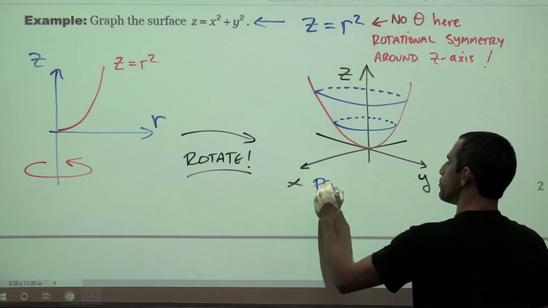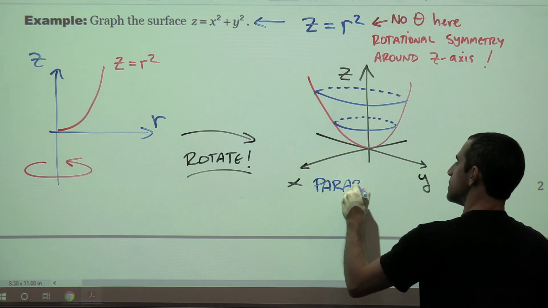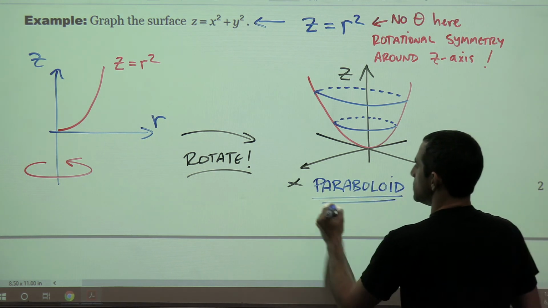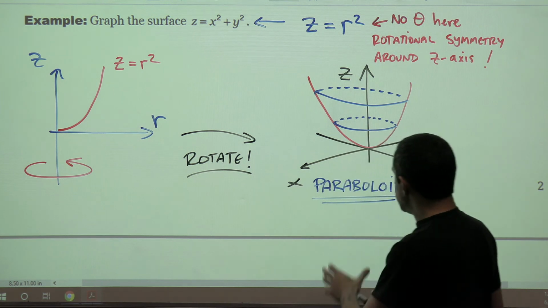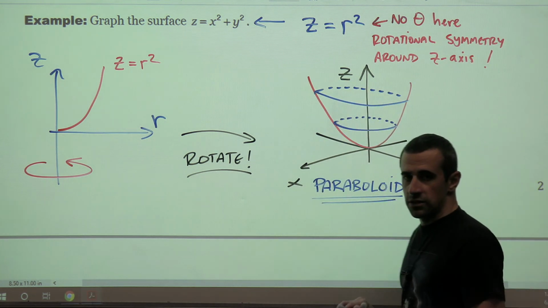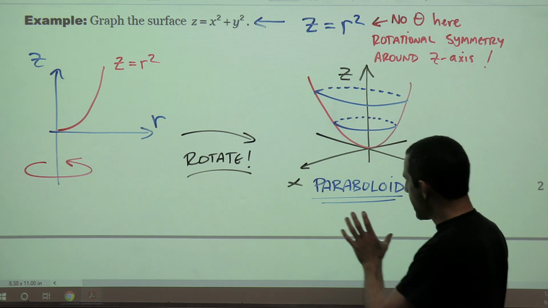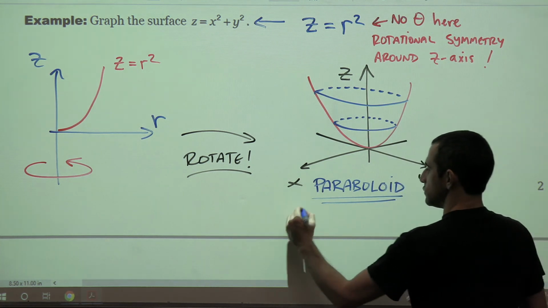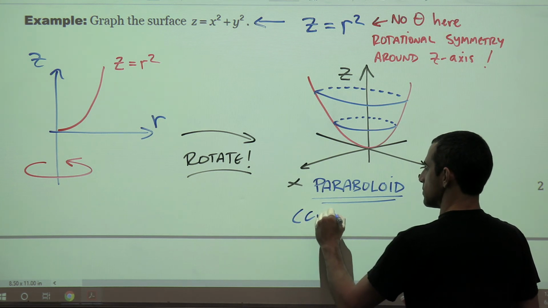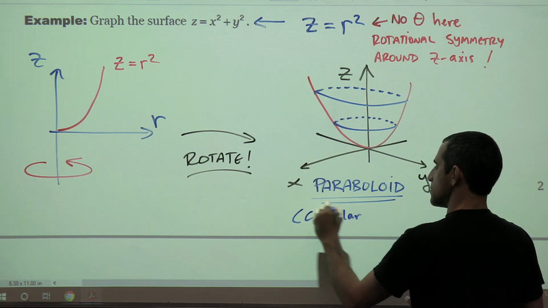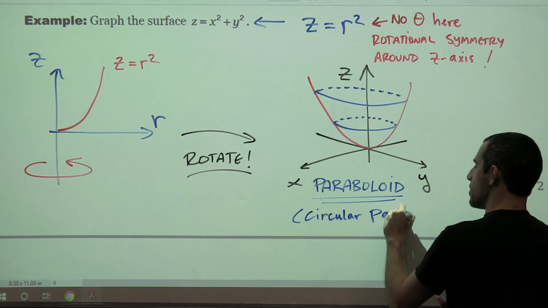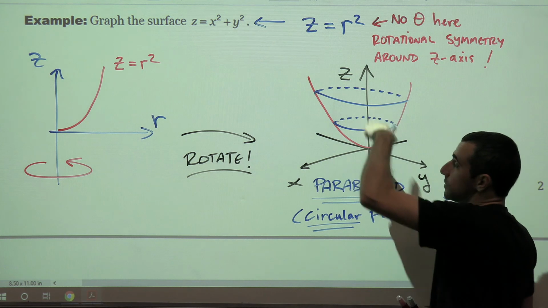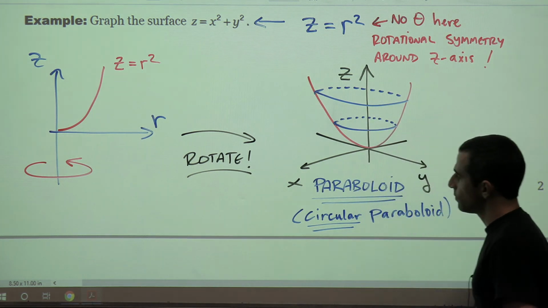So it's like parabola, but it has OID at the end there. So this is a paraboloid. And the horizontal cross sections are perfect circles. So for that reason, this is called a circular paraboloid, again, because the horizontal cross sections are perfect circles.